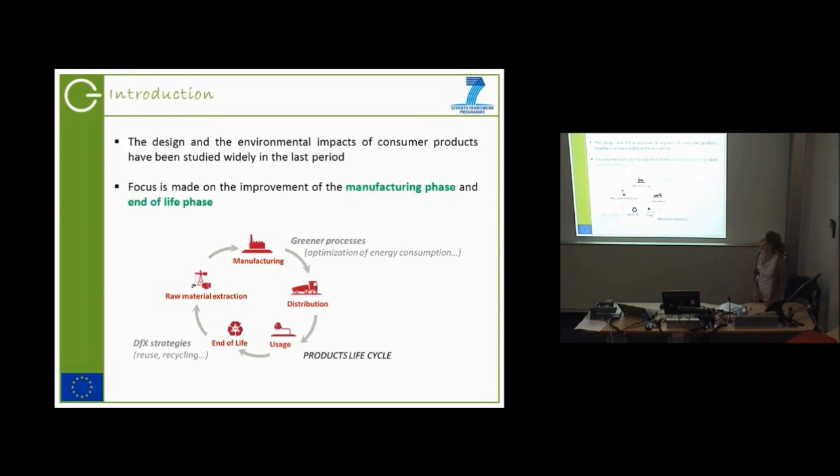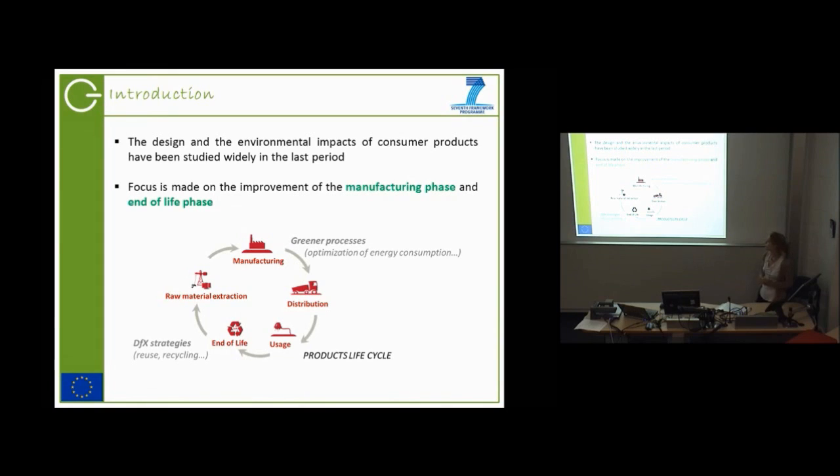So the work that we have made started from a statement, which is that today the design and the environmental impact of consumers' products have been widely studied, and we observed that a focus was made on the improvement of the manufacturing phase and end-of-life phase. That means that a lot of eco-design approaches are focusing on these specific life cycle phases.